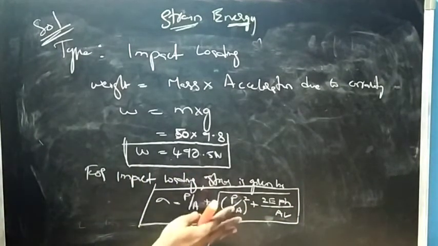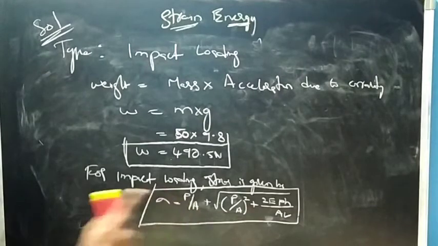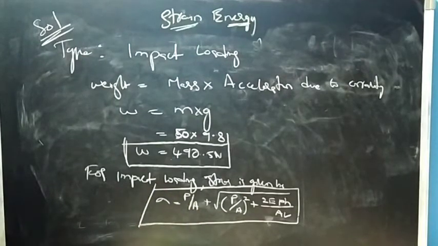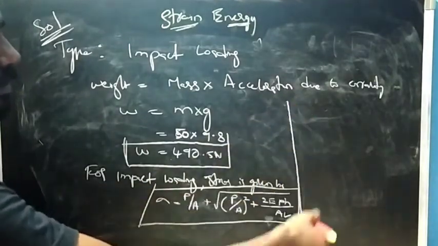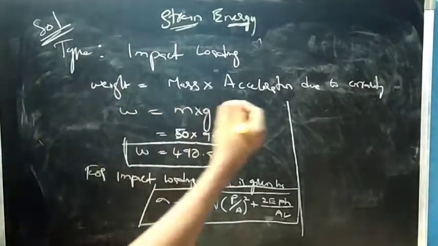So all the values we have, just put the values in the formula, right? So what is the cross section area?